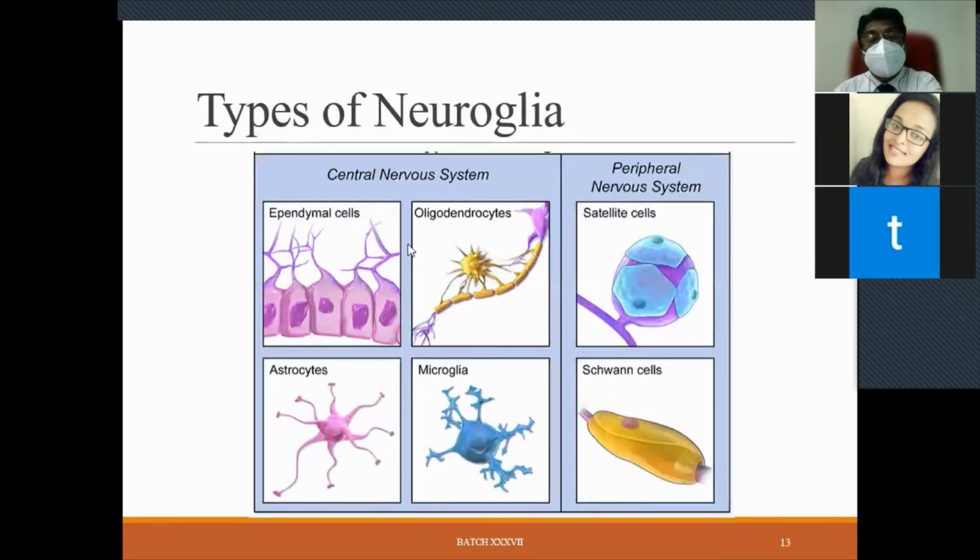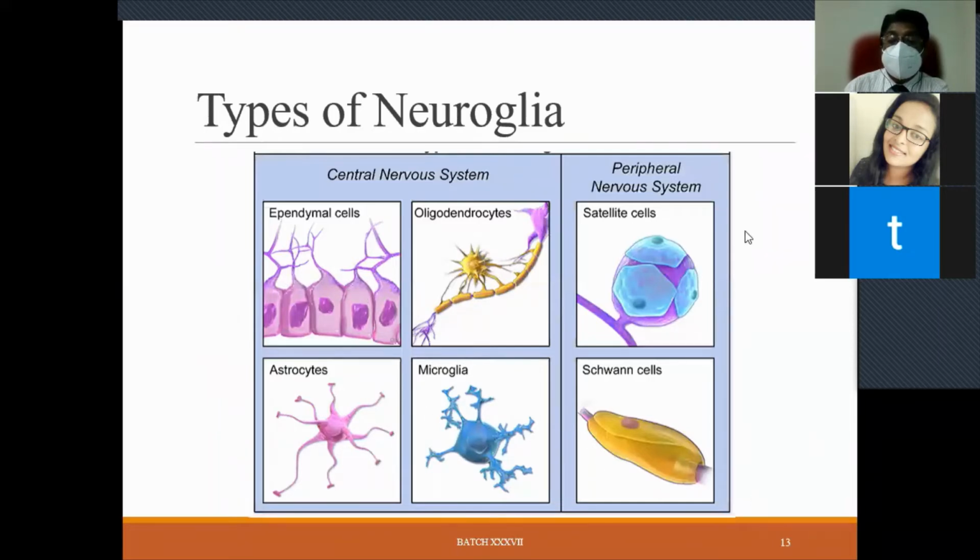So here you can see the types of neuroglia as we discussed before. Now discuss these four types: astrocytes, oligodendrocytes, microglia, and ependymal cells.